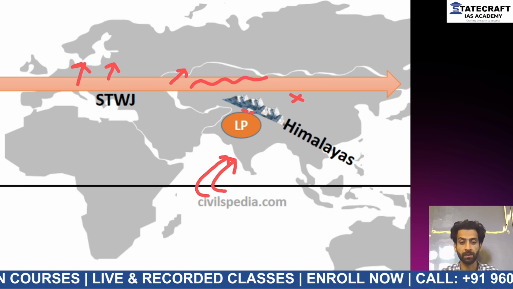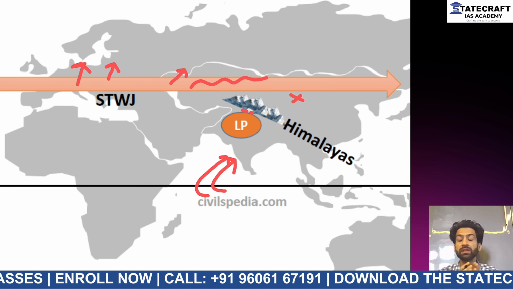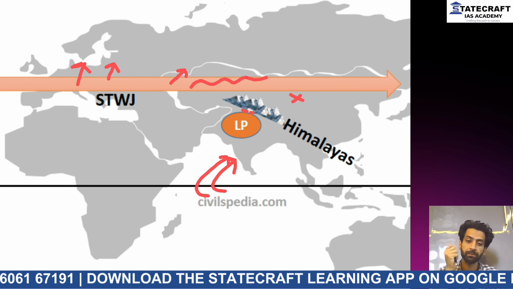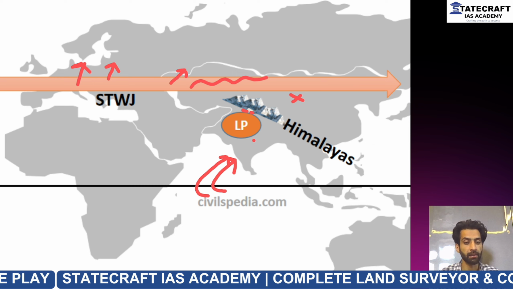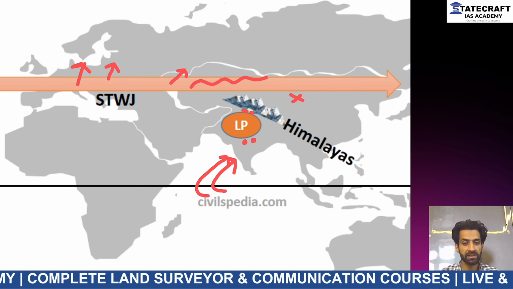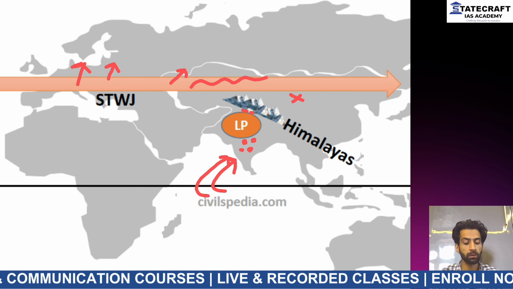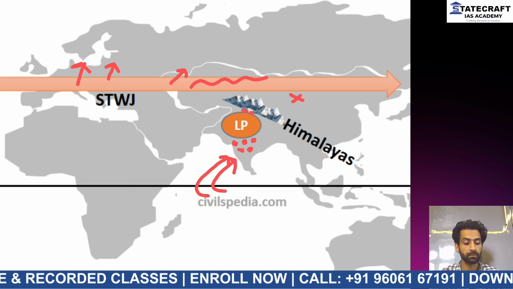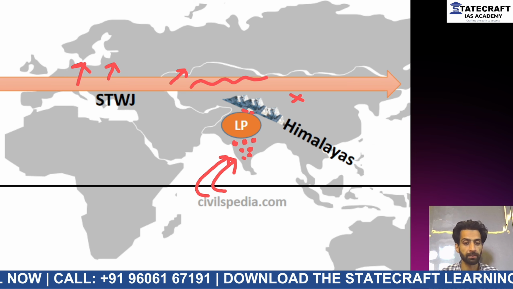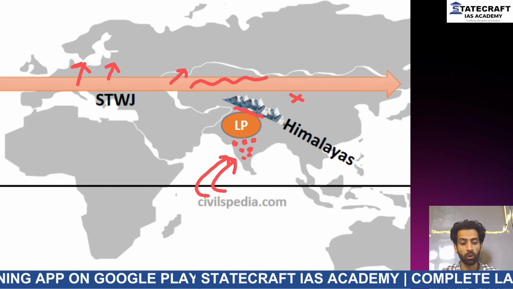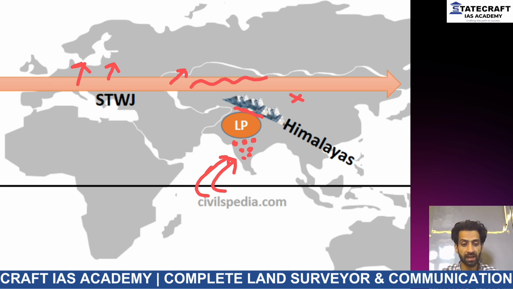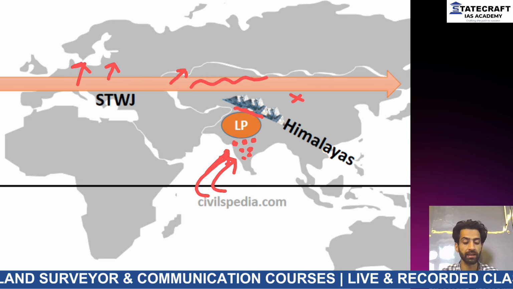Listen to me carefully. What happens during the summer season, in the months of, let's say, March, April, May, is intense heating of the Indian landmass. Intense heating causes the development of low pressure pockets in India. Low pressure cells start to develop. But due to the presence of the southern branch of the jet stream, these winds are still not able to come towards India.